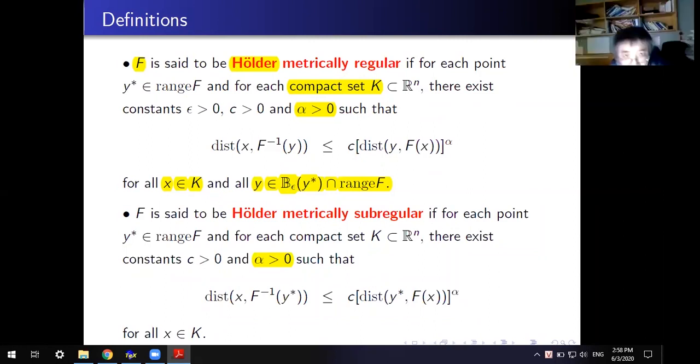The reason I'm asking is that if your F is defined as the lower level set of a polynomial, then the exponent would only depend on the degree and the dimension n, right? So in that case it will not depend on the compact set K.